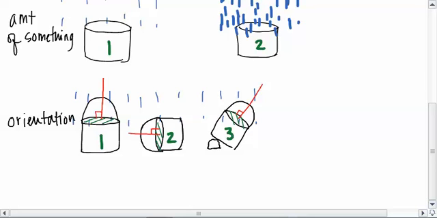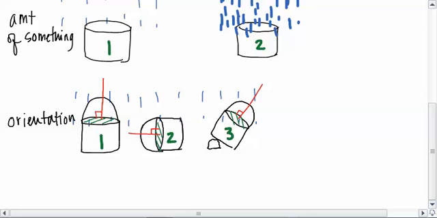In which case do we have the most flux? When our normal is what orientation to our raindrop field? When they're parallel? Okay, so we've got the most flux, somewhere in between, and zero flux.